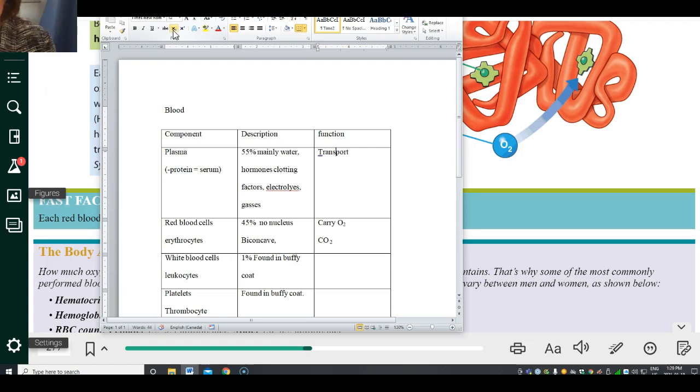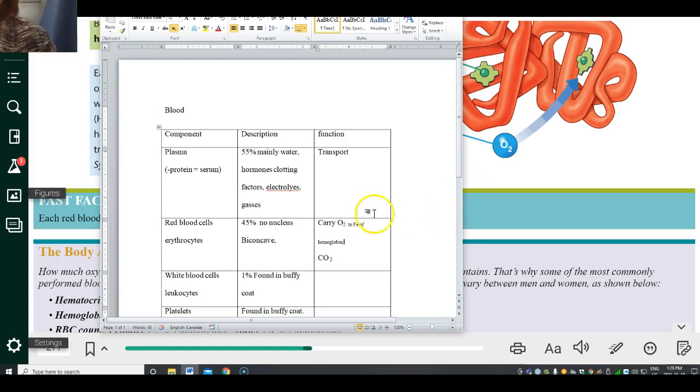So it carries oxygen to the iron of hemoglobin, and it's attached to the iron of the hemoglobin. Carbon dioxide is attracted to the globin.